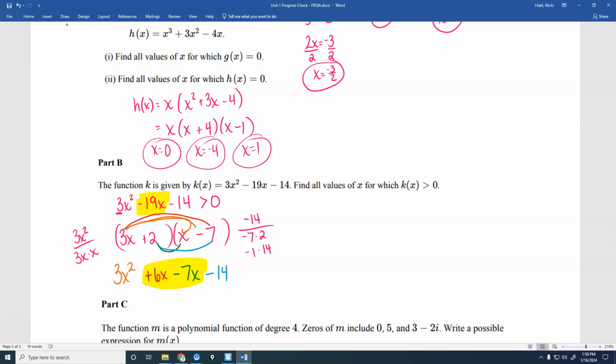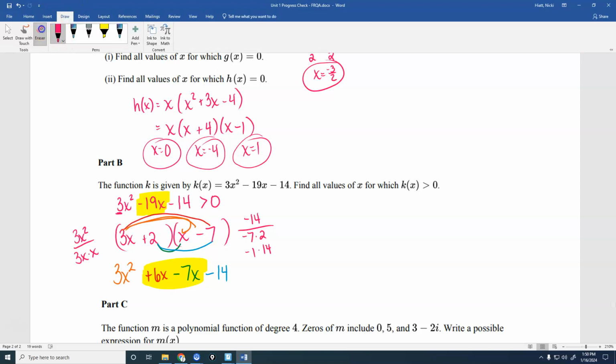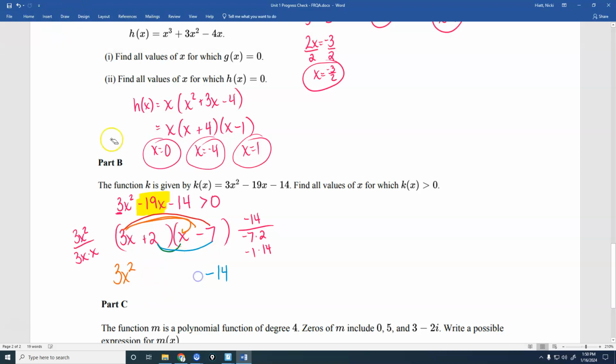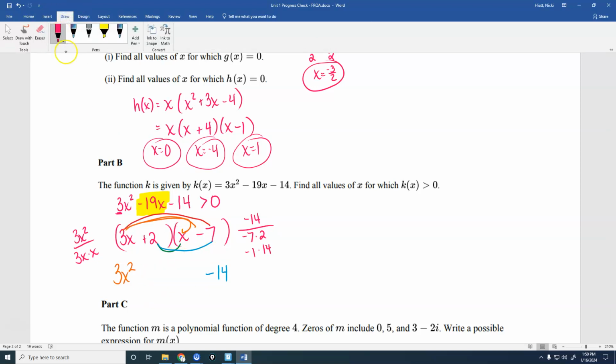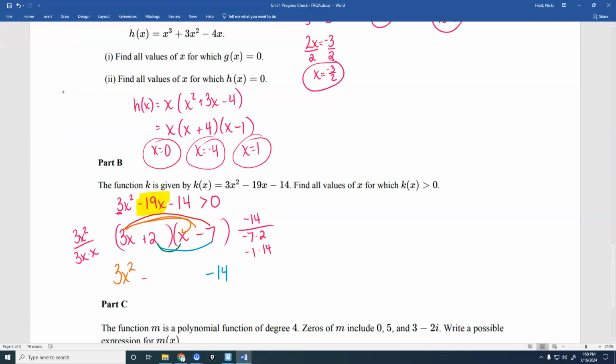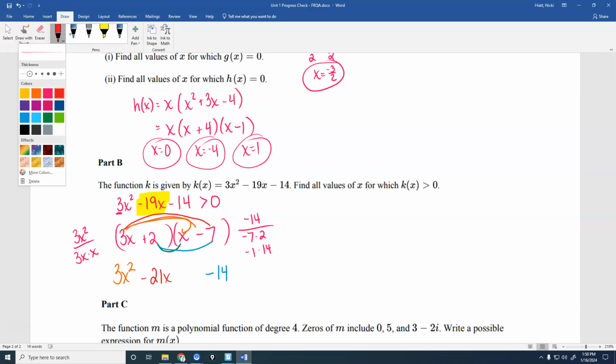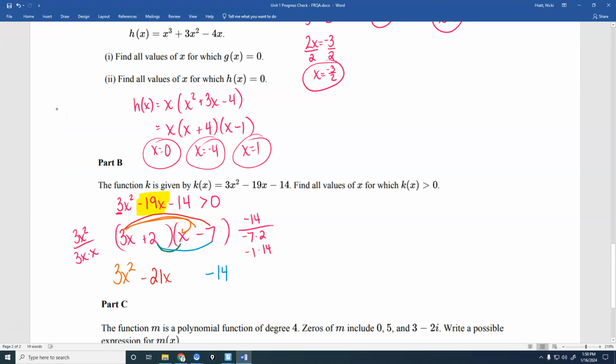So if I do that, 3x times x is still 3x squared. 3x times -7, let me erase this middle part right here. Well, I do 3x times -7, I get -21x. And then for that middle part, the 2 times x, I'll get +2x.